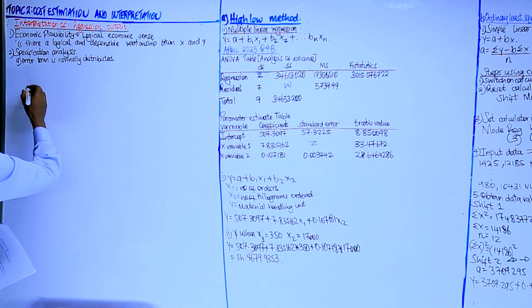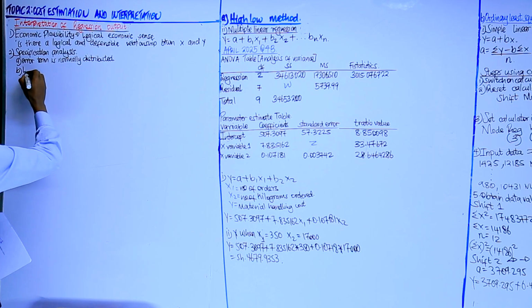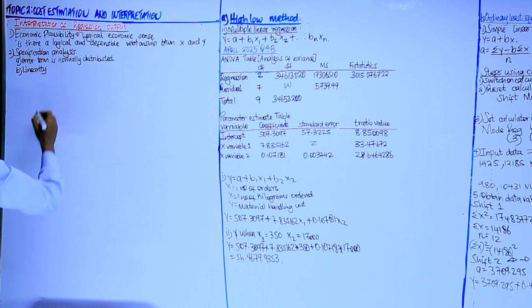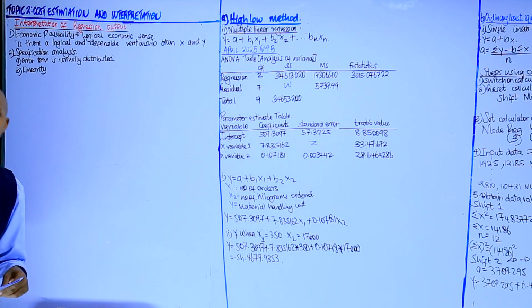Number two, the second assumption is linearity. When we say linearity, is there a linear relationship between the dependent and independent variables?